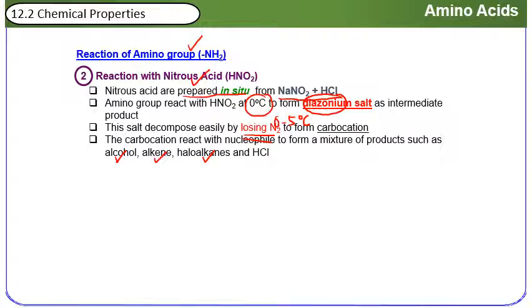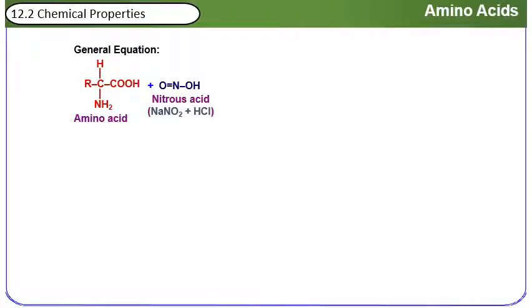So now let's look at one example over here. Okay, this is the example that we are going through. This is the general structural formula for the amino acid, reacting with nitrous acid at 0 degrees Celsius, or you can put 0 to 5 degrees Celsius, which is also accepted.